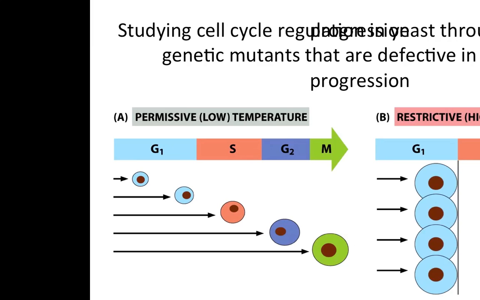And it'll have an effect on the cell cycle, causing cell cycle arrest. The cells will continue cycling until they hit that block. And in this case, the block is somewhere at the G1 to S transition. Okay? And that's how you study them.